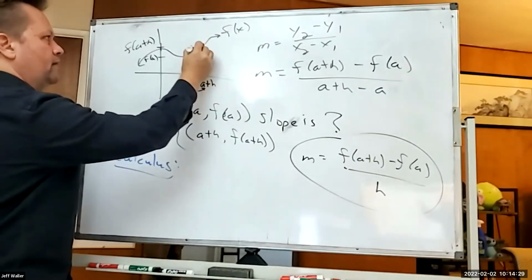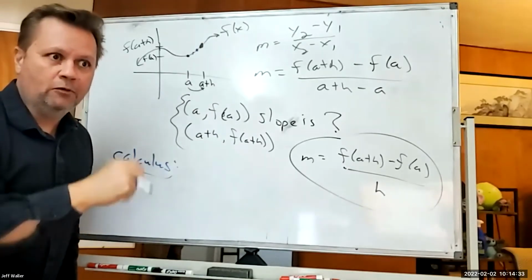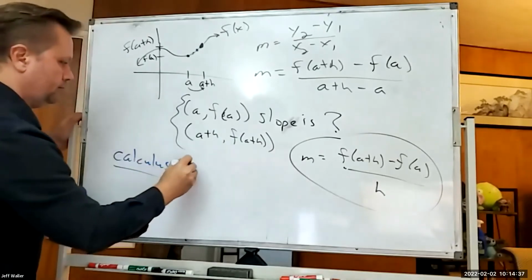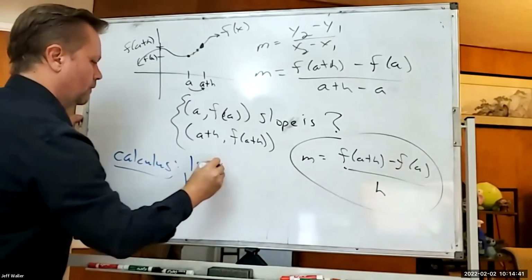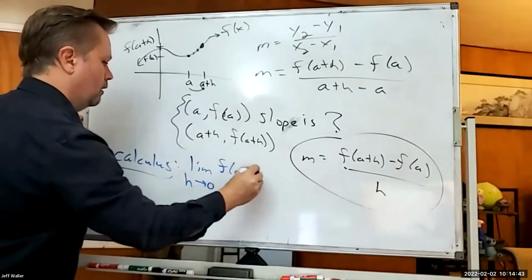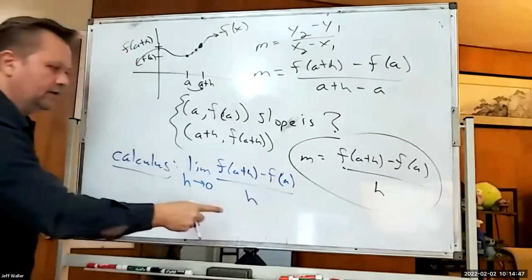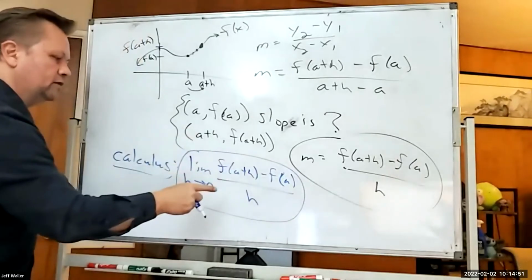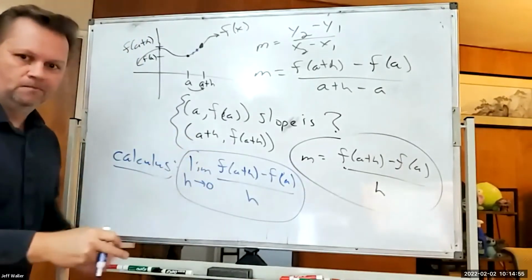Don't I improve it by making this get closer and closer? And then what's happening to H to make that happen? Getting smaller. So the limit as H goes to 0. That is the formula to figure out the slope at a point.